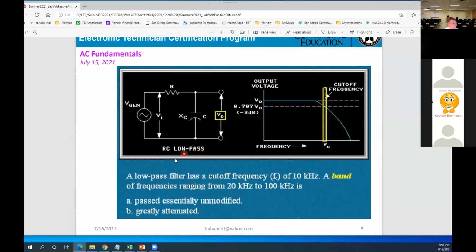Now, a low pass filter has a cutoff frequency of 10 kilohertz. A band of frequency ranging from 20K to 100K: A, pass essentially unmodified, or B, greatly attenuated?